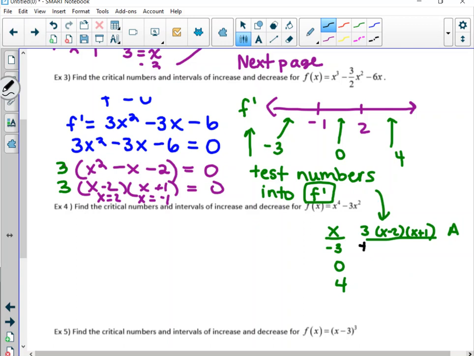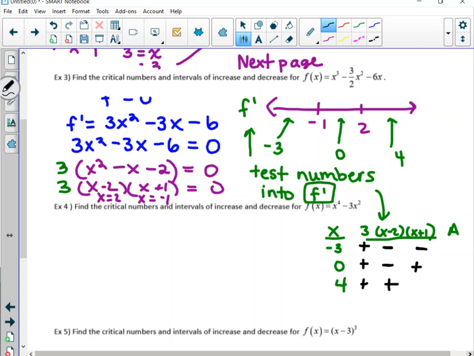The 3 is always going to be positive. The x minus 2 factor is negative with a -3, and it's negative with 0, but it's positive with 4. The x plus 1 factor is negative with -3.